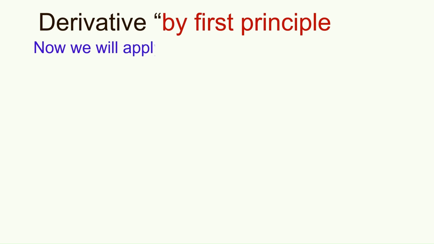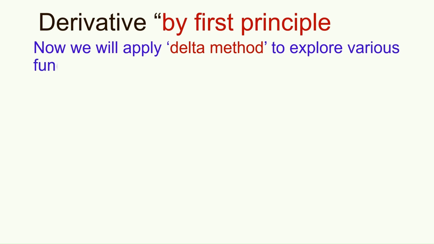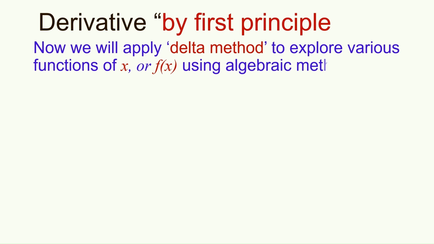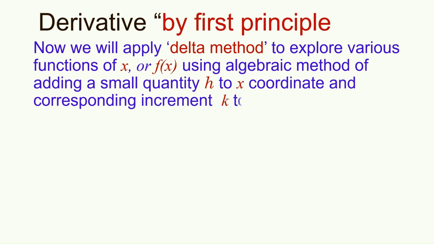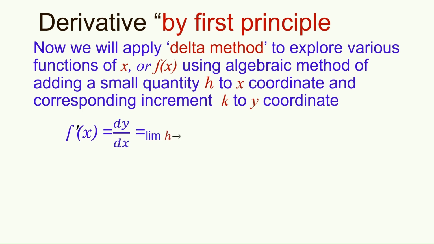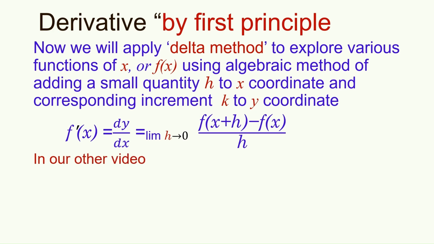Derivative by first principle. Now we will apply the delta method to explore various functions f of x, using the algebraic method of adding a small quantity h to the x coordinate and the corresponding increment k to the y coordinate. f dash of x equals dy dx equals limit h tends to 0, [f of x plus h minus f of x] whole divided by h.